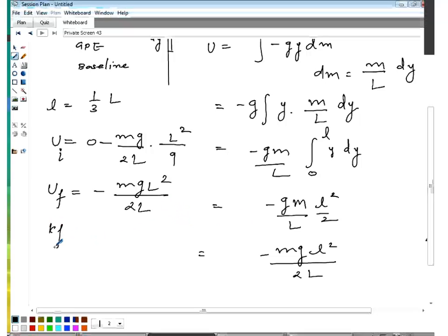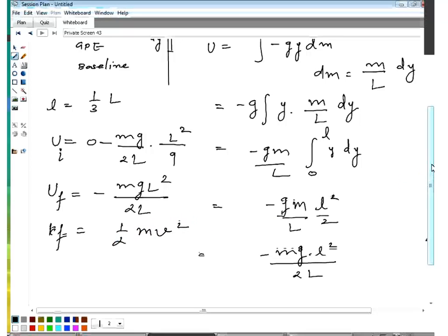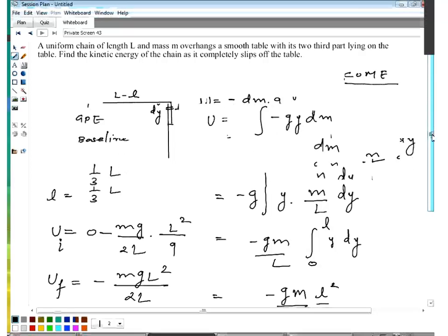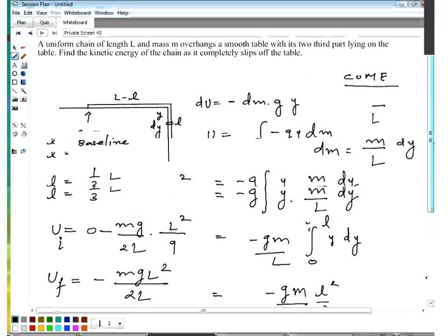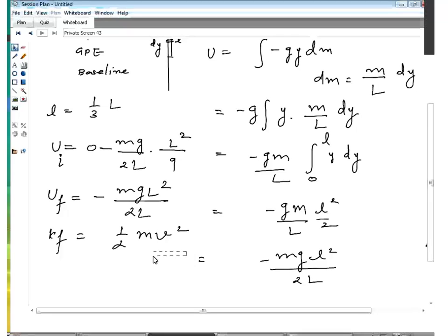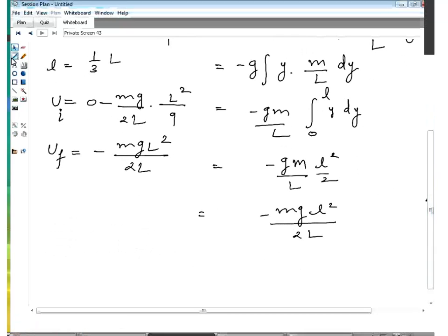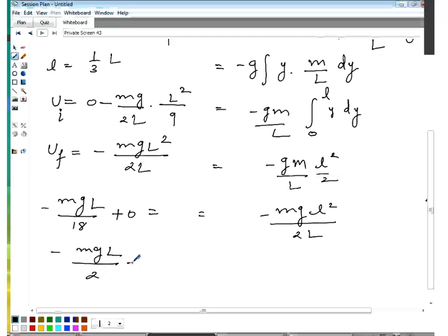And there will be some Kf, half mv square. In fact, we want kinetic energy, so I can just call it Kf or K. From COME, Ui plus Ki, Ki is 0, equal to Uf plus Kf.